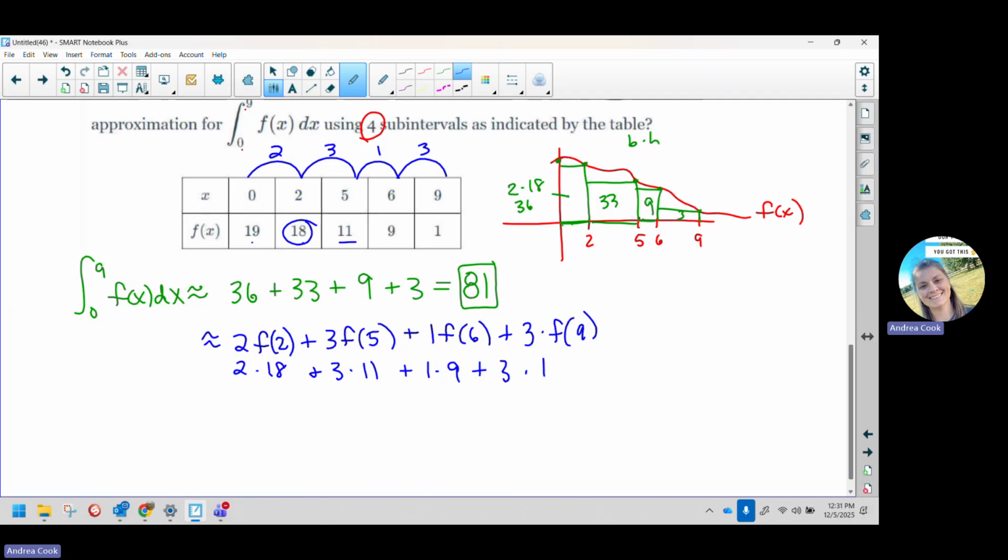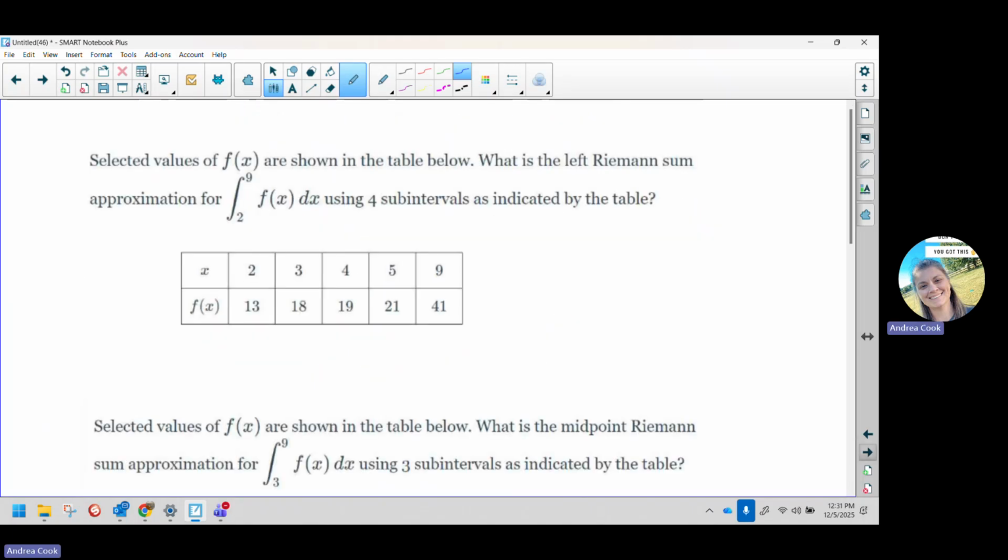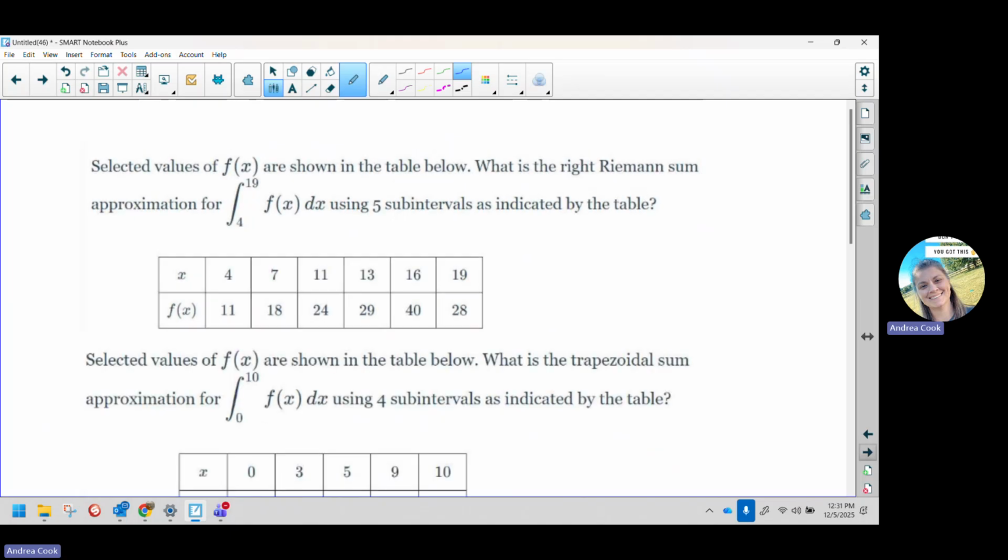Right? Not difficult. All right, I want you to try the other one on the notes that says right rectangle. So I think it's on the last page. The one that says 4 to 19, I want you to try this one.